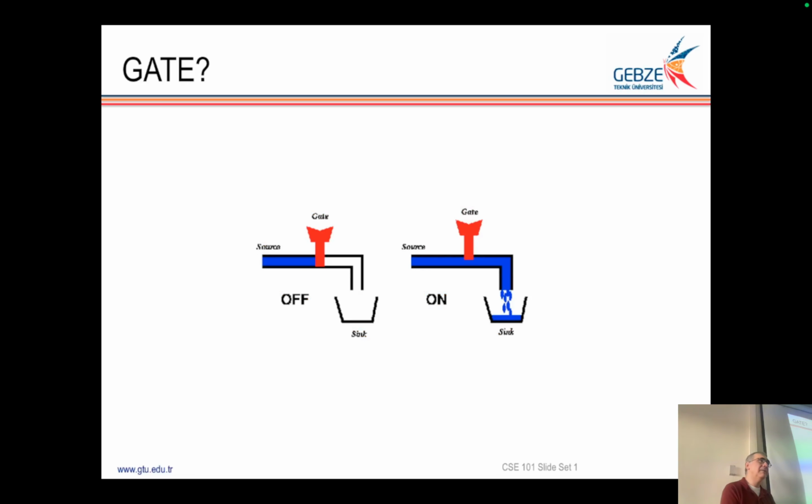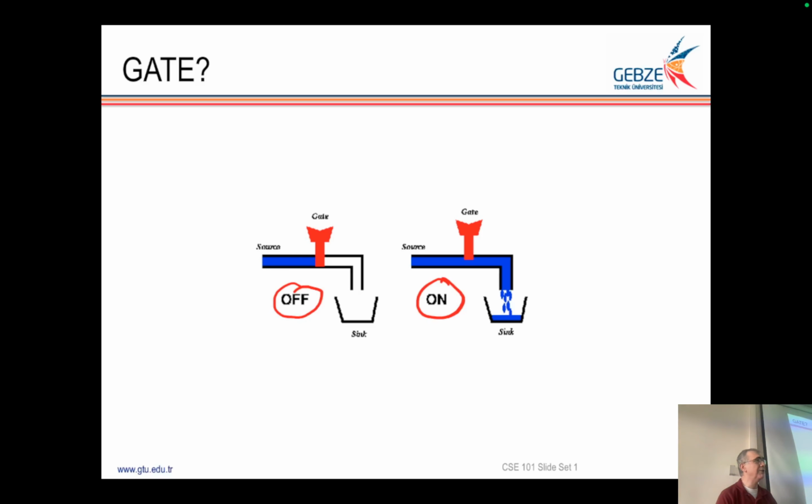So thinking about gate, we can make an analogy of a transistor or gate to a faucet or a water valve. We can turn it off, we can turn it on.